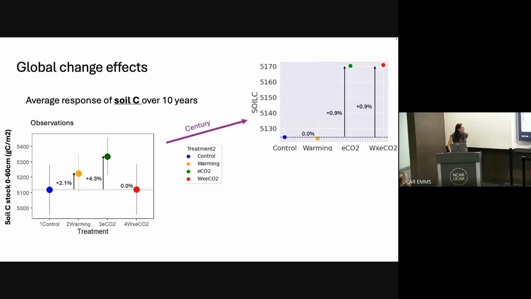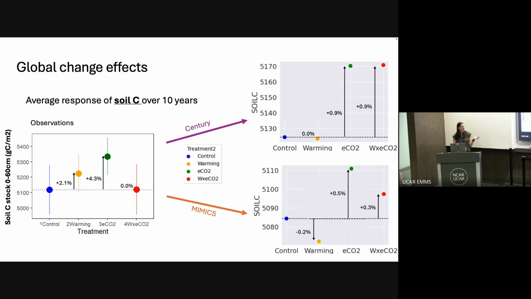For Sentry, CLM Sentry, elevated CO2 looks right in terms of the directionality of the response. But the interactions, once again, show these very additive effects, and then there's really no response to warming. For Mimics, it's a similar story, except we see a slight loss of carbon under warming for Mimics.